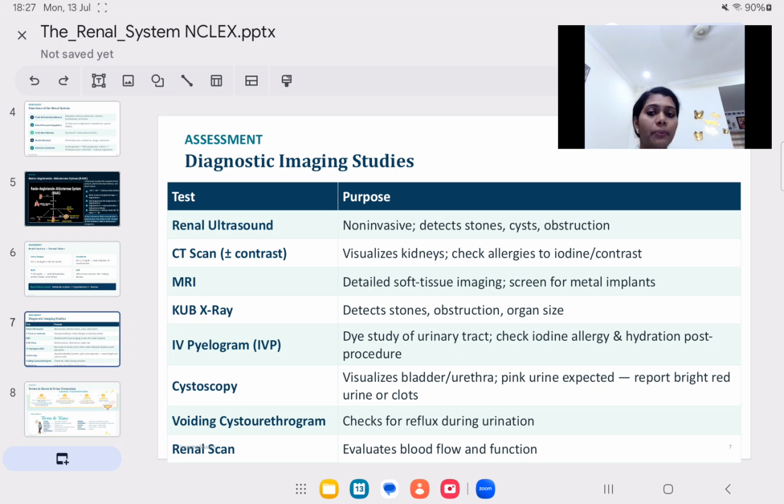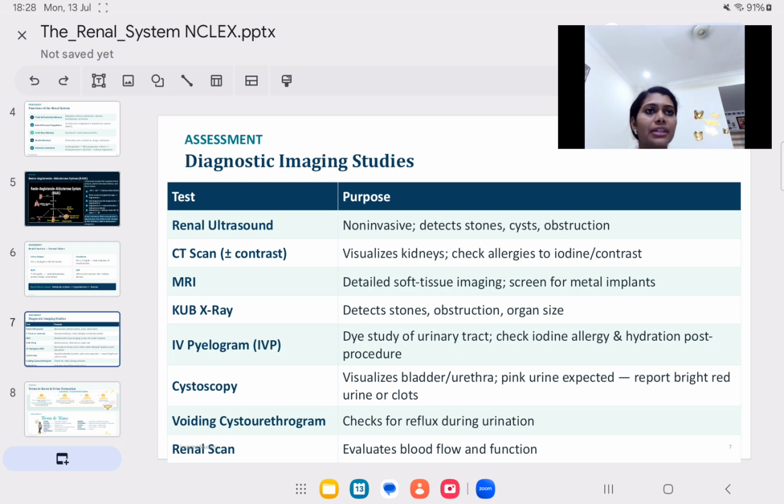CT can be done with contrast or without contrast. If there is a patient with kidney failure, we will not do it with contrast. Before contrast, we need to check for any allergy to iodine. Iodine allergy should be checked before we give contrast to the patient.